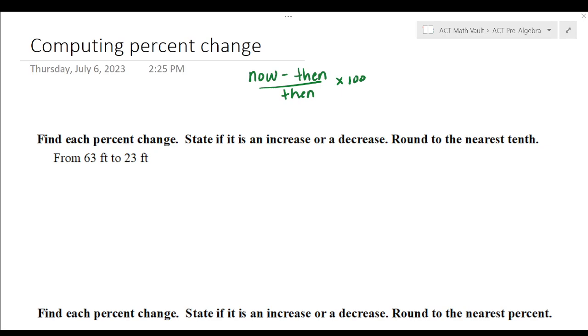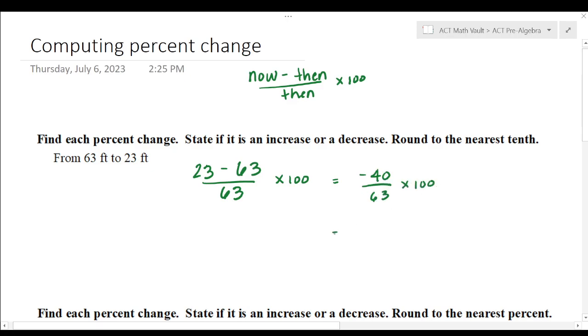So the now number is 23. The then number is 63. Then 63. And you would multiply that by 100. Okay, so what is that? Well, 23 minus 63 is negative 40 over 63, and then times 100.